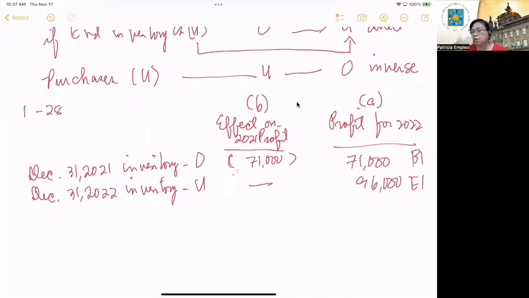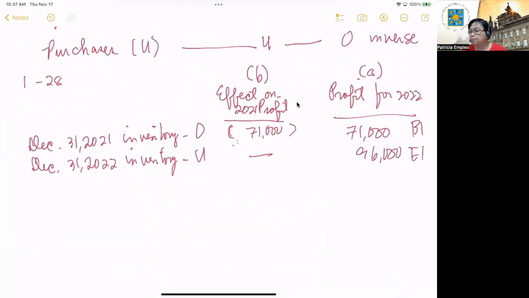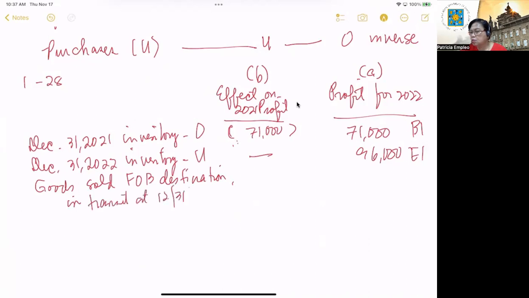Therefore, we have goods sold FOB destination still in transit at December 31, 2022. Okay, so sales were overstated because they were recorded as sales already. So we will cancel the sales.